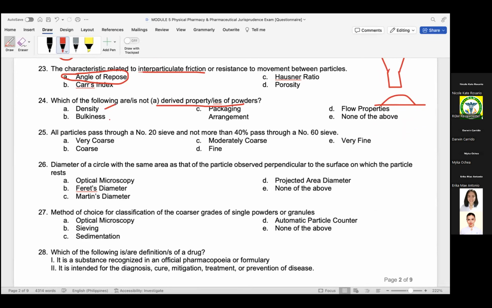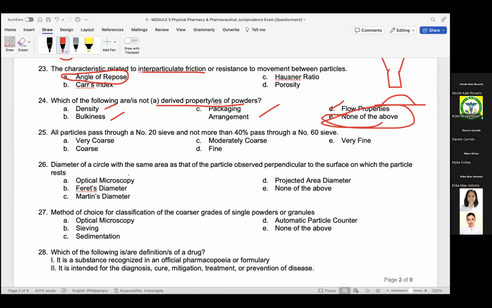Bulkiness is also a derived property. Packing arrangement, is it also a derived property? Yes. And flow property is also a derived property, the flow characteristics, angle of repose, Hausner ratio. Therefore, none of the choices, letter E. Letter E.